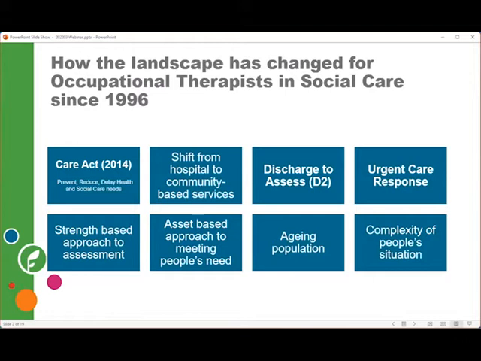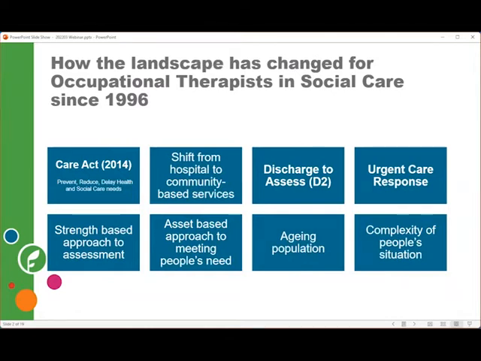But what that does mean is that many more assessments have shifted out into the community, and there hasn't necessarily been the same shift out in the community in terms of those resources that were in the hospital. We haven't necessarily seen that shift of OTs working out in the community.